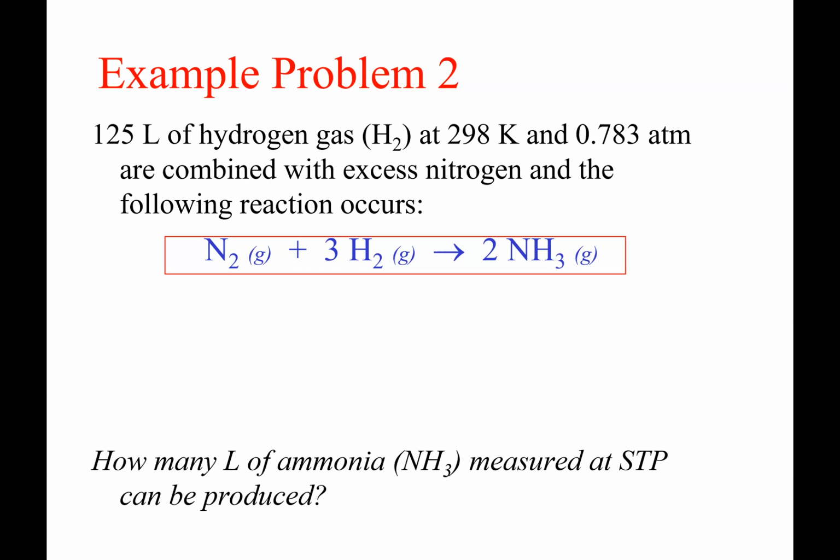The pressure at STP is 1.00 atmospheres. Do you see where I can use these three things to get to my n? And once I know n, I can use stoichiometry to get to the n for ammonia. And once I have that n, I can go ahead and get to my V.